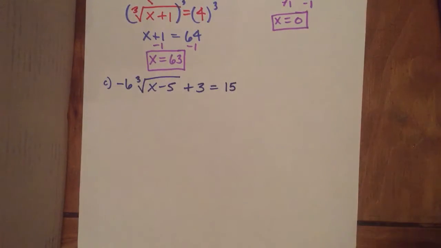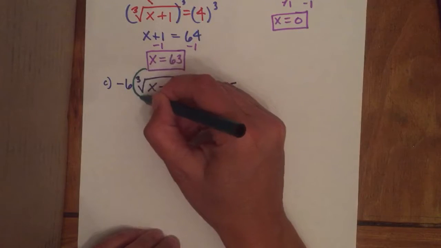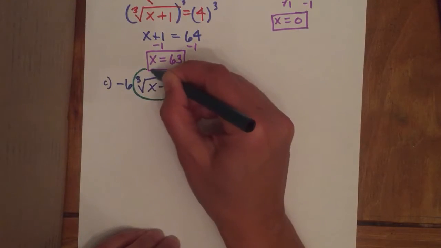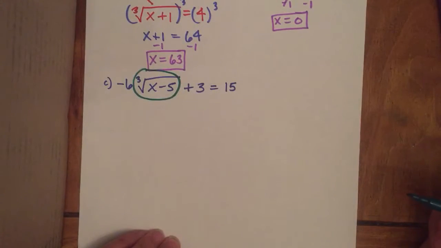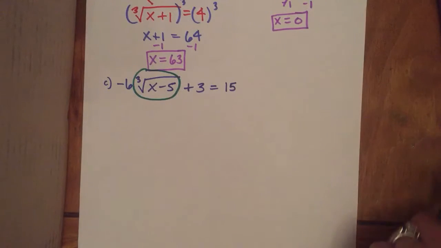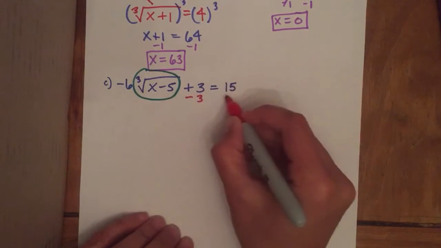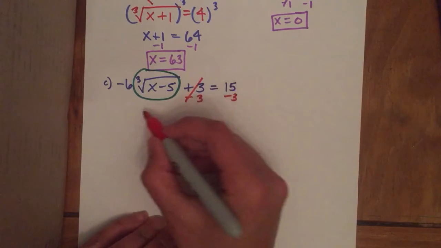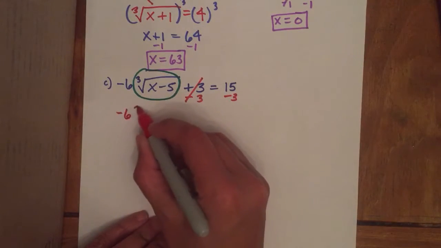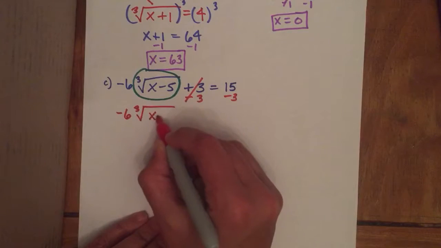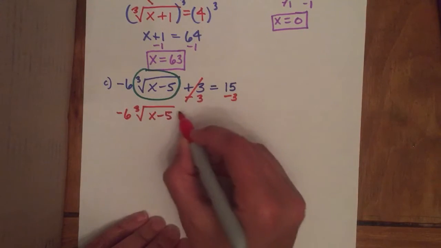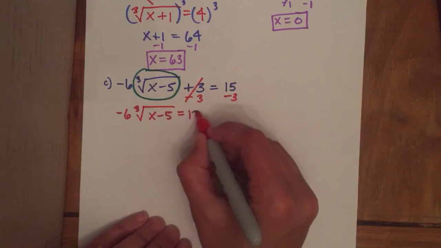Again, same concept. I want to solve this for x and try to isolate that radical expression. The first thing I'm going to do is see if there's an addition or subtraction I can do, and there is. That's a positive 3, so I'm going to subtract it. That leaves me with negative 6 times the cube root of x minus 5 equals 12.